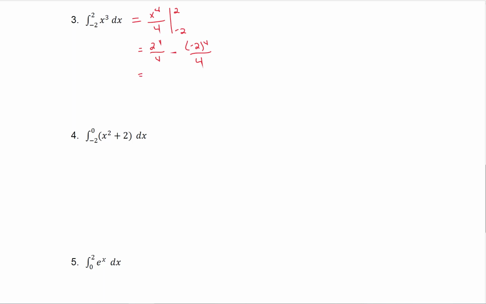So 2 to the 4th is 16/4. (-2) to the 4th is 16/4. So we have 16/4 minus 16/4. Now we could simplify this to be 4 minus 4, but either way, something minus itself equals 0. So this definite integral equals 0.